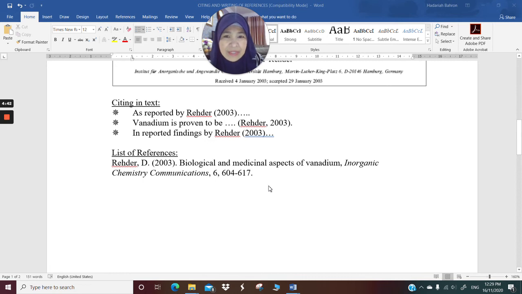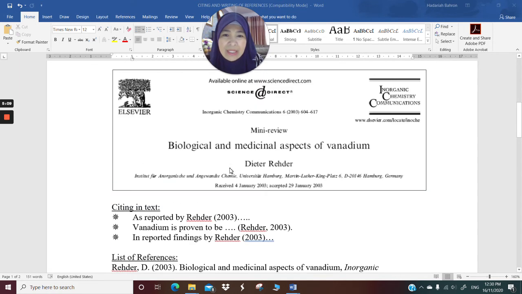At the end of your thesis, there is a section called List of References, and you need to put all the references that you are citing in that list for reference of people who are reading or evaluating your thesis. And the way that you would write the information about the paper is like this: Rehder, comma, D. Now remember, the name of our writer was Dieter Rehder.